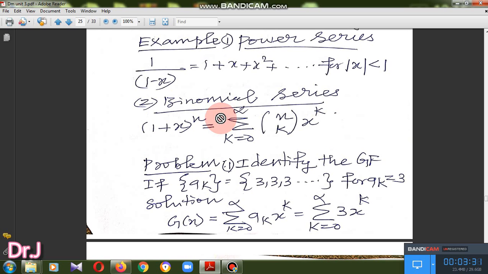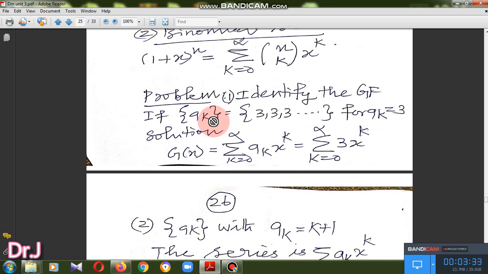So that is another example of a generating function. Now let us take some problems in generating functions. Suppose the sequence is ak, where each ak equals 3, so we get the sequence 3, 3, 3, 3, ... What is the generating function of this sequence?